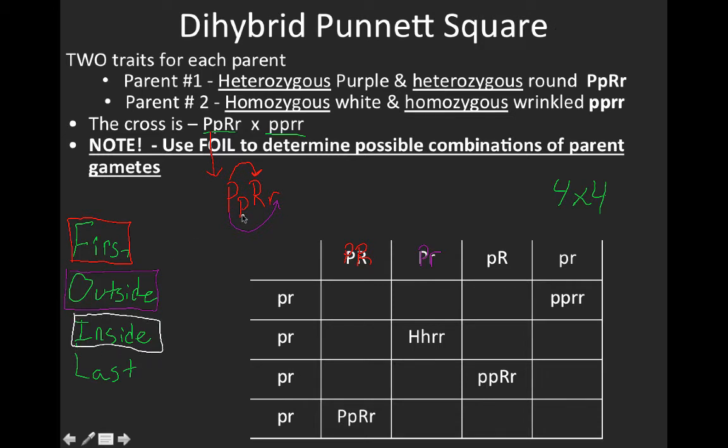And the insides, we're going to go ahead and have these two inside alleles together. So we have little p and big R. We'll go ahead and write it just like that. Little p and a capital R. And then the last one, go ahead and use green for last, as the last of each pair. So it's this little p and little r right there. All right, so that's one parent. That's how we set up our dihybrid cross up at the top.